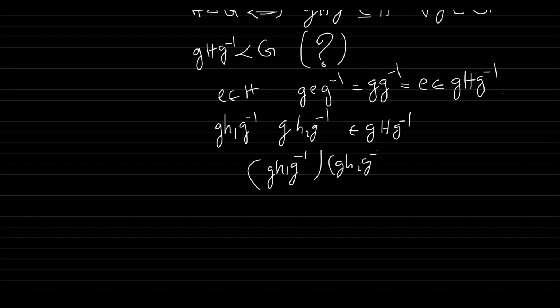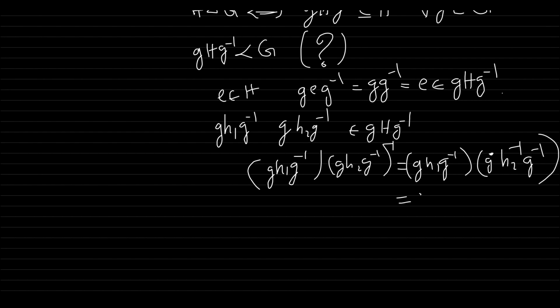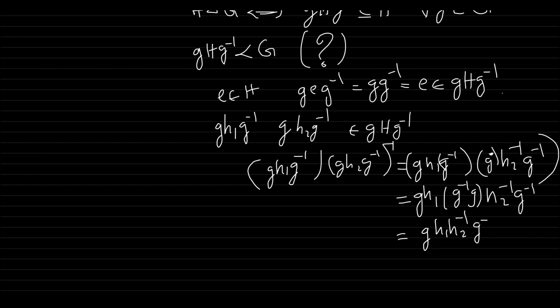Consider the product g h1 g inverse times the inverse of g h2 g inverse. The inverse means g h2 inverse g inverse, so this is equal to g h1 g inverse g, grouping these two terms, h2 inverse g inverse, which is equal to g h1 h2 inverse g inverse.